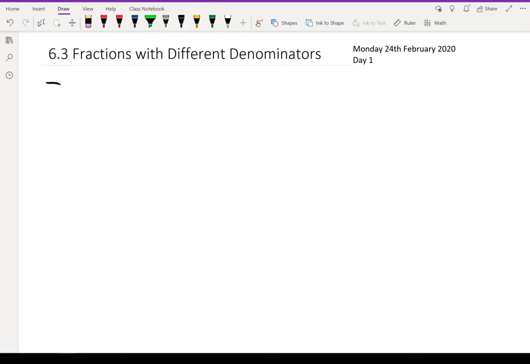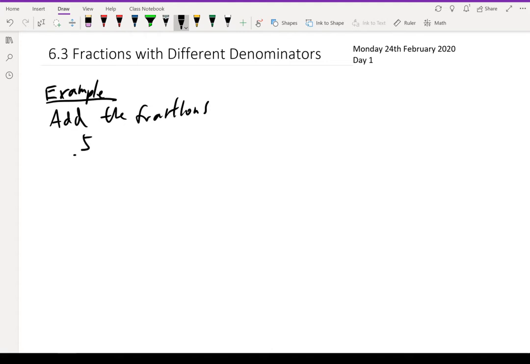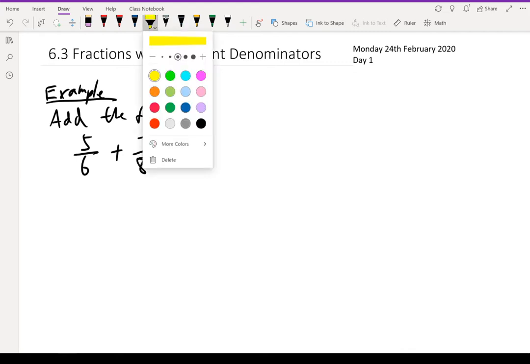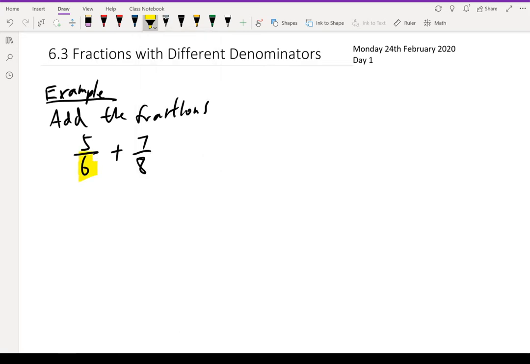Example. Let's say we want to add the fractions 5/6 plus 7/8. Now, what I mean by fractions with different denominators is that these two numbers, the bottom, are different.